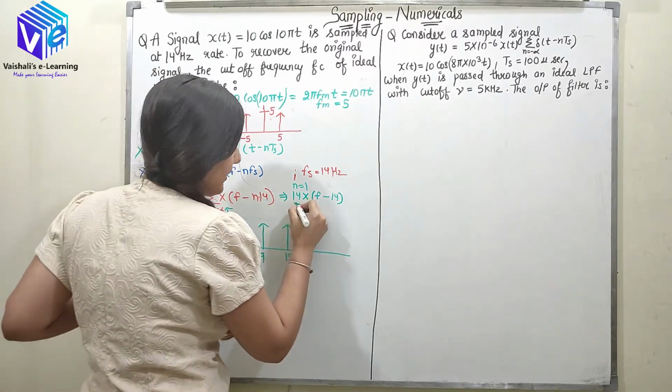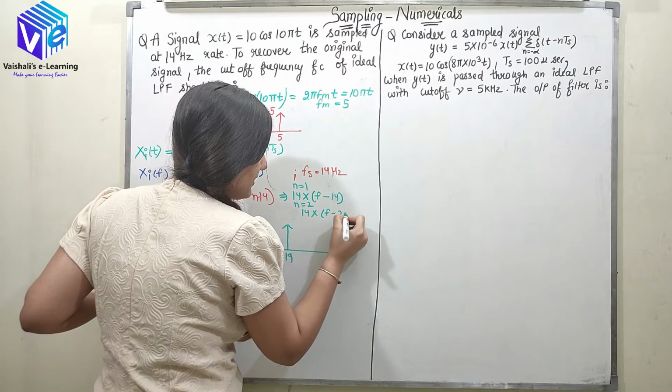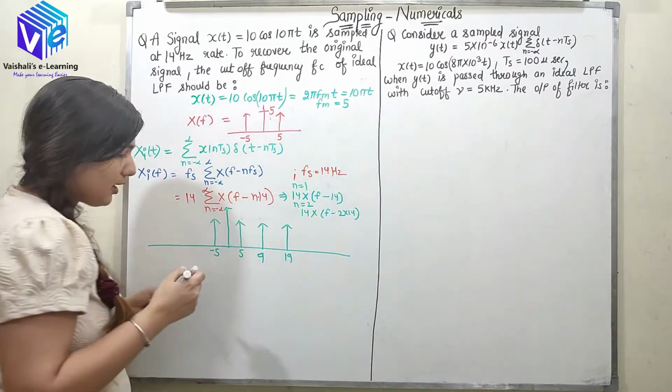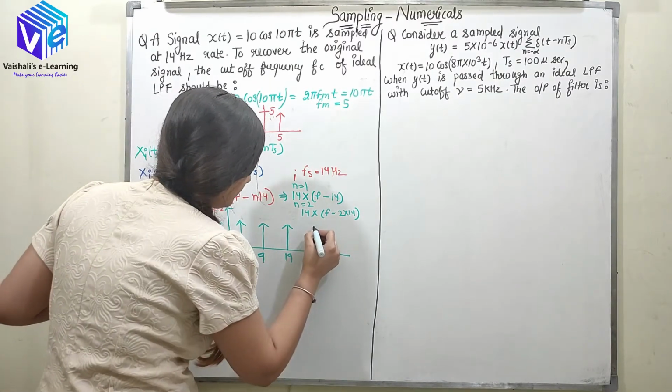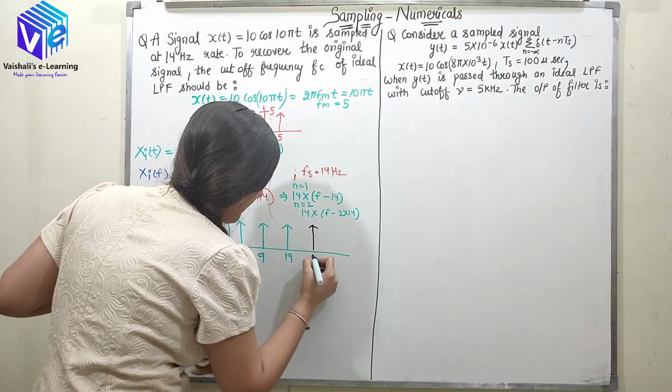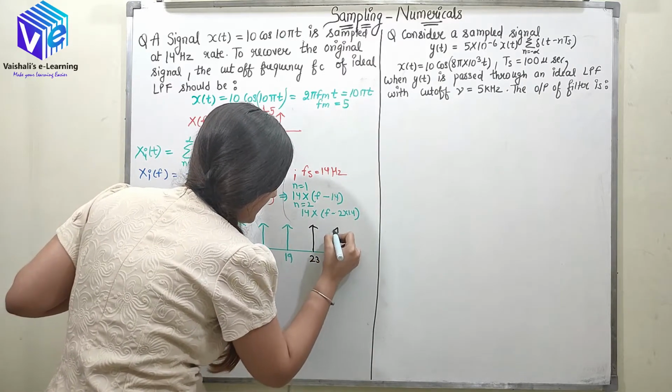Similarly, if I shift by n equal to 2, I will have 14 times X(f minus 2 into 14). So I am shifting this signal by 14 again, and here I will have impulses at 23 and 33 Hz.